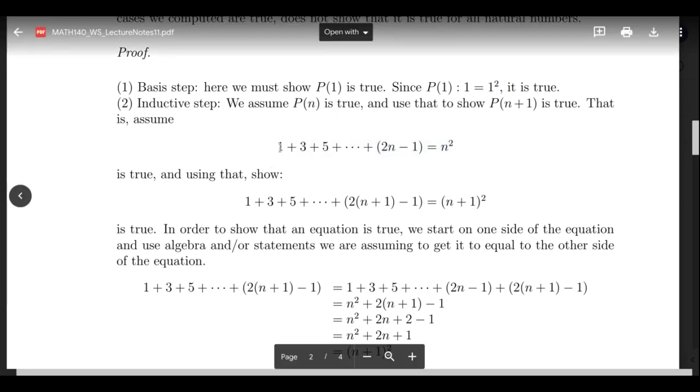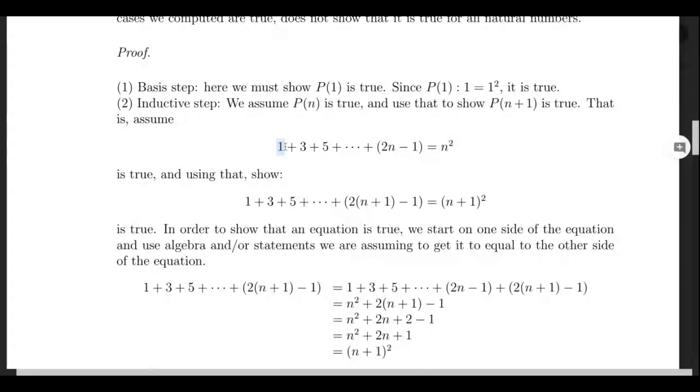The 1 is the first odd natural number, 3 is the second, 5 is the third, and the nth one is 2n minus 1. So the nth odd natural number is 2n minus 1. We assume the sum of the first n odd natural numbers equals n squared. So this is P of n.